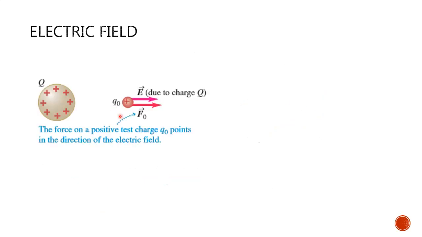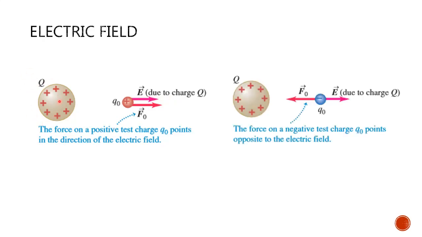So the force on a positive test charge points in the direction of the electric field. The force is in the same direction as the electric field because of the presence of this charge on the left side. The direction of the electric field and the force are opposite if the test charge is negative.